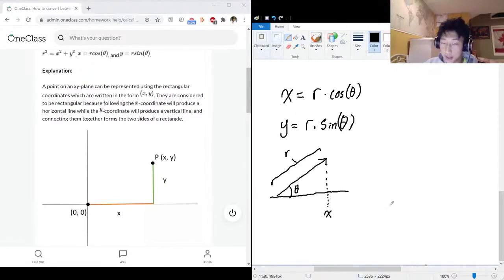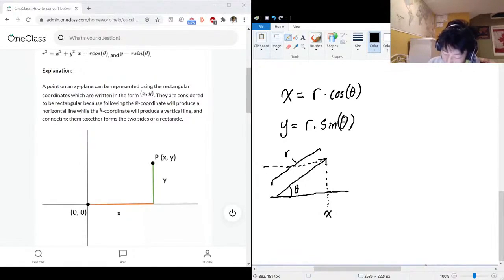This is why it is cos: cos is the relationship between the hypotenuse and the side that is adjacent to the angle. You multiply the hypotenuse by the value that cos gives you for the angle, and it'll give you the x. Makes perfect sense.